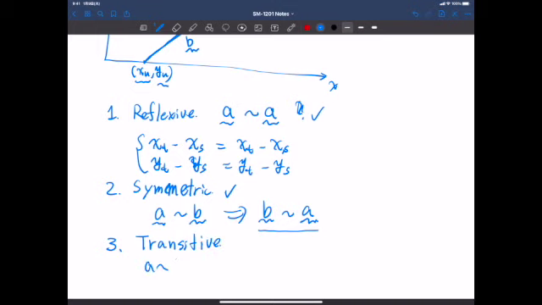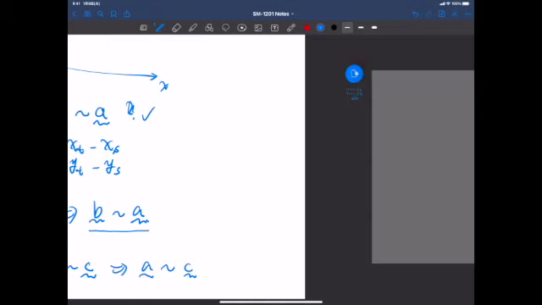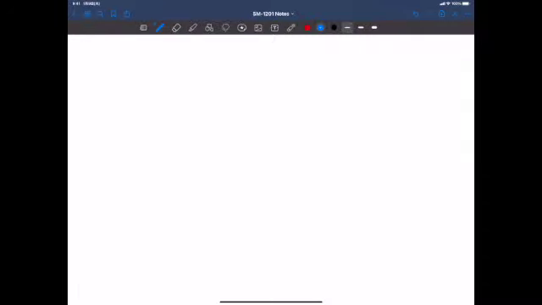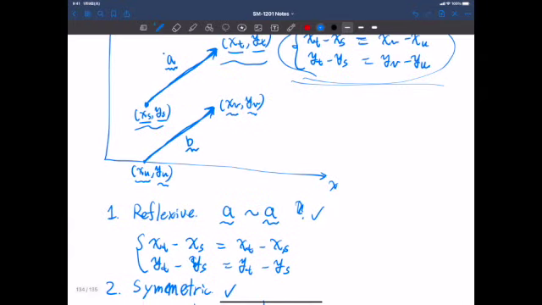So that means if A is related to B and B is related to C, okay, then A is related to C. So let's say we have another vector, another arrow that is related to B. So A is related to B and B is related to C. Let's say the coordinates of the source are xp and yp and of the target xq and yq.